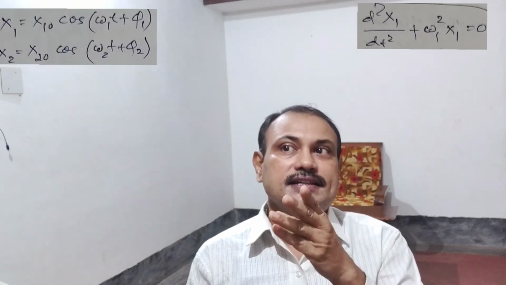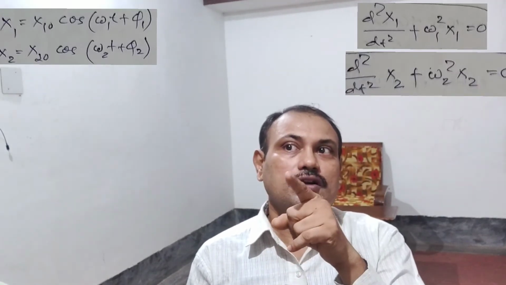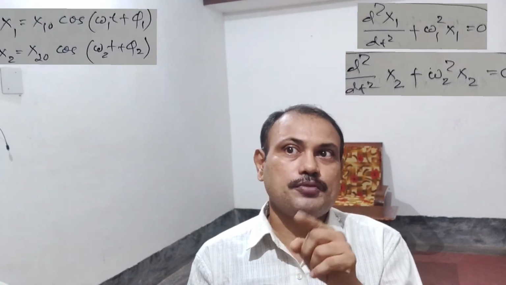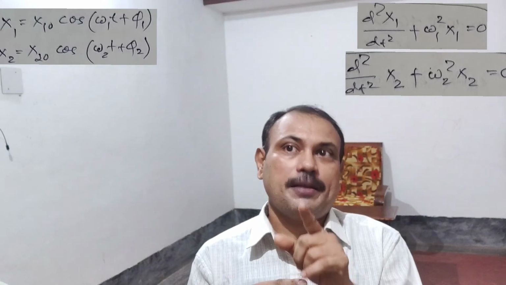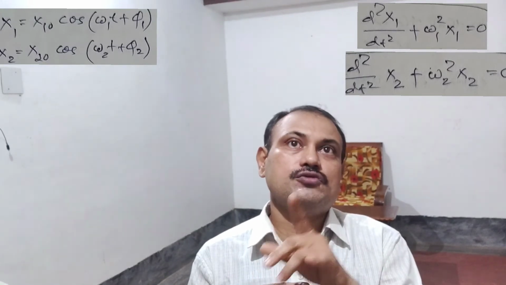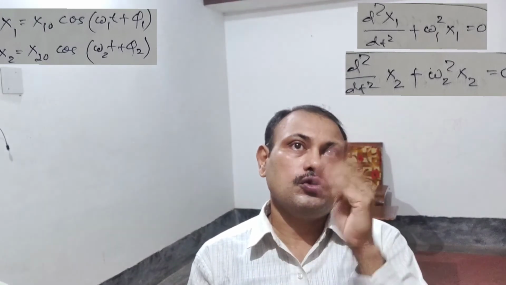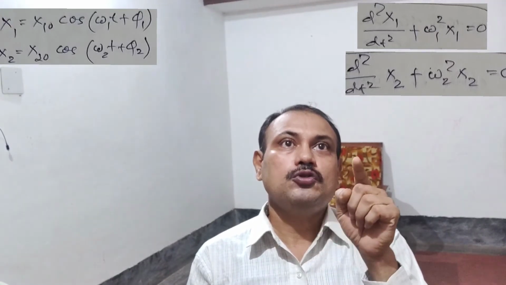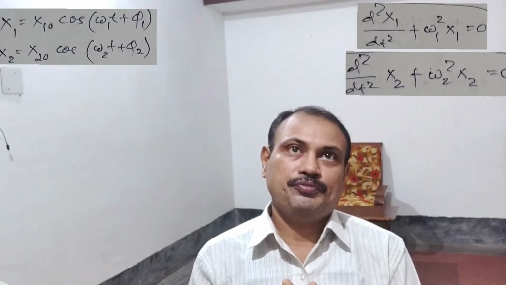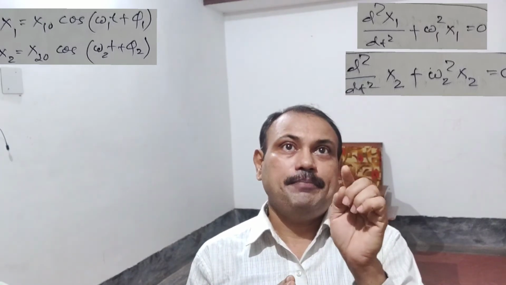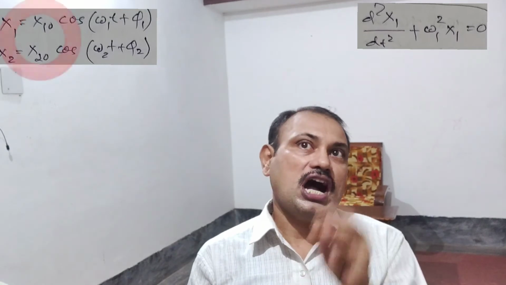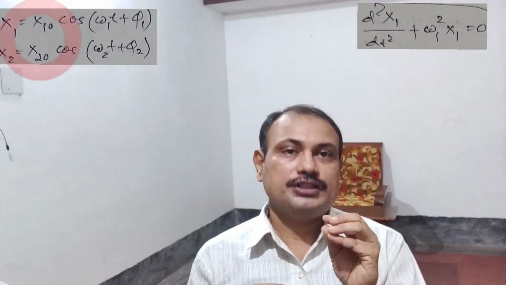And similarly, the solution for the other normal mode equation, d square by dt square of capital X2 plus omega 2 square capital X2 equal to 0, we can write as capital X2 equal to capital X20 cos of omega 2 t plus phi 2, where capital X10 and capital X20 are the amplitudes of the normal vibrations.